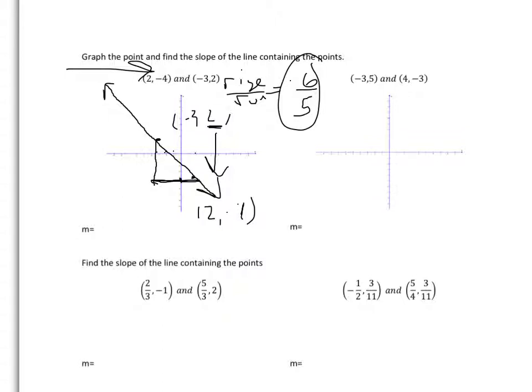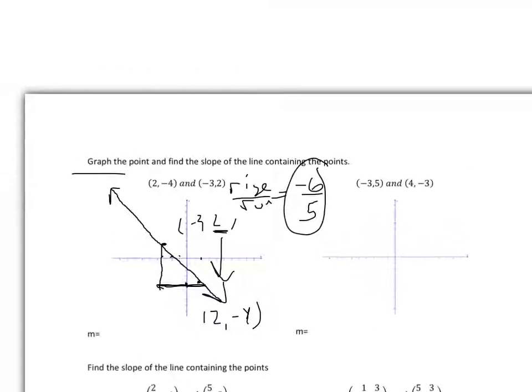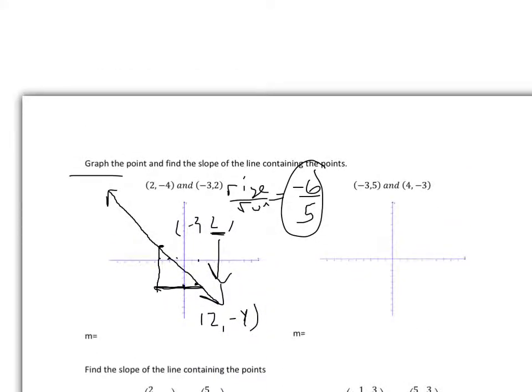Now we can also use the slope formula on this. Now recall that the slope formula is m equals rise, y2 minus y1 all over x2 minus x1. Now I'm going to label these points x1, y1 and x2, y2.